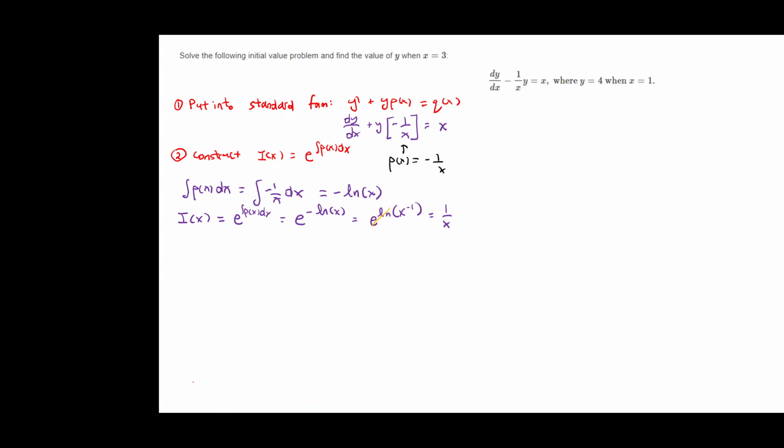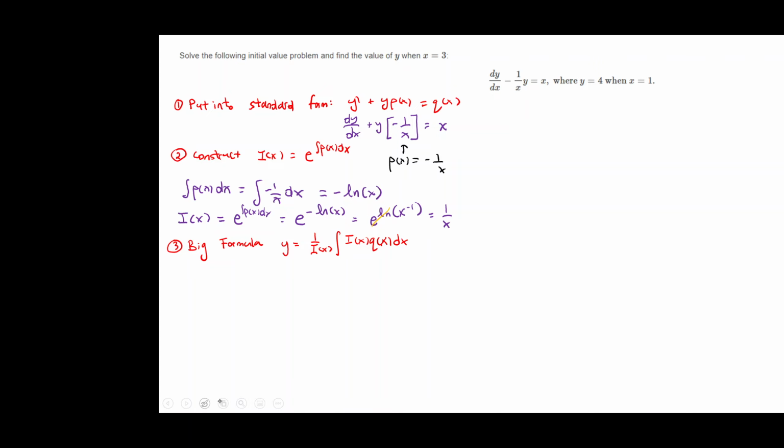Step 3, use the big formula, which for a linear first order differential equation says that the solution in terms of our integrating factor is 1 over I of x times the integral of I of x times q of x.